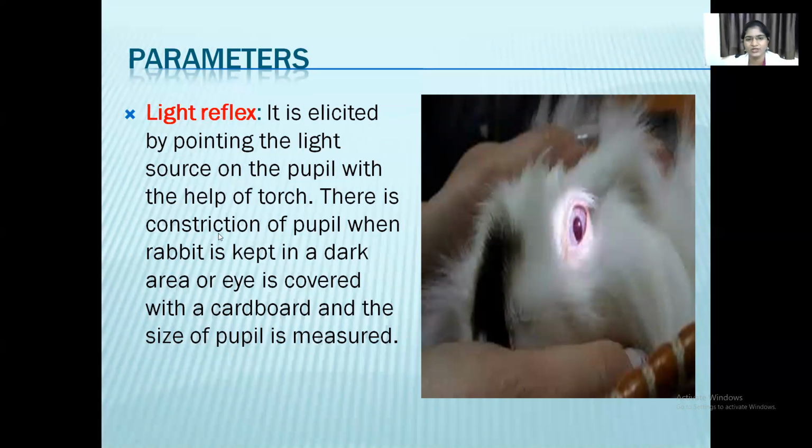There is a constriction of the pupil when the rabbit is kept in a dark area or the eye is covered with a cardboard and the size of the pupil is measured. Then only we can see constriction of the pupil by using the torch.